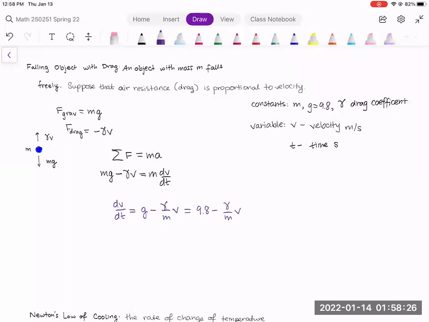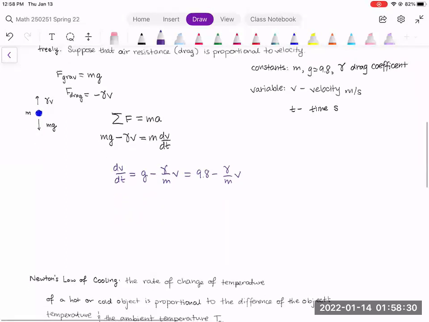So if we want to take a look at this model, let's see what it says. Let's think a little bit about what our slope field is going to look like.